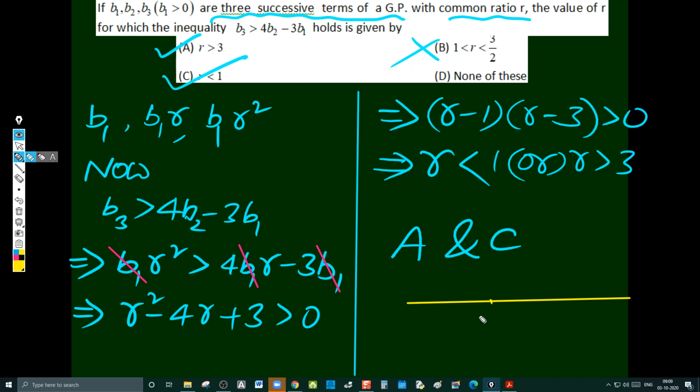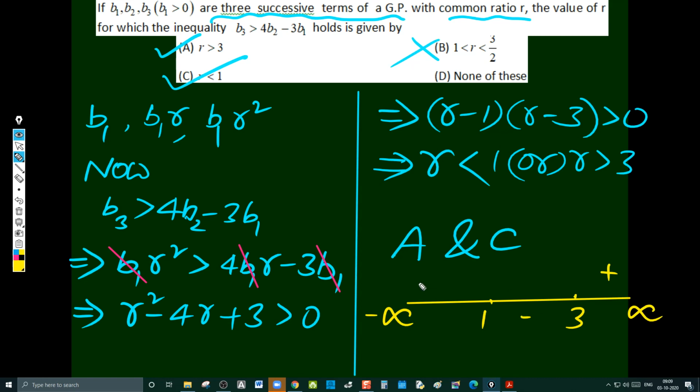So this is 1, this is 3. And of course, because it is a number line, it is minus infinity, plus infinity. Right extreme, plus, minus, plus, alternatively.